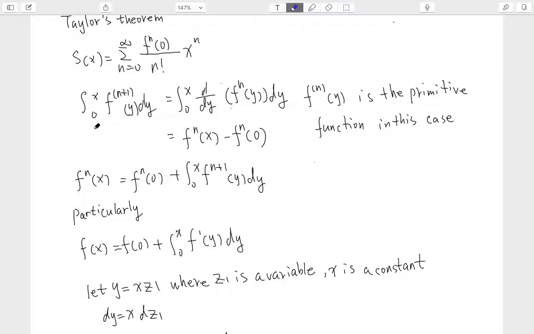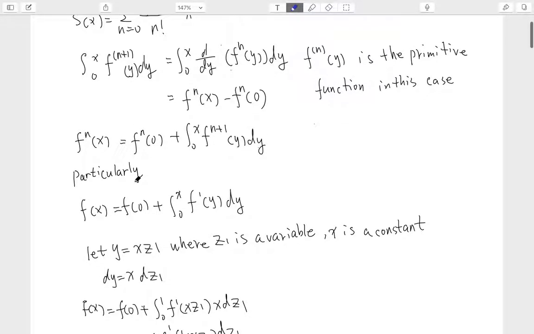The result turns out to be f's nth derivative of x minus f's nth derivative of 0. In this case, f to the n is the primitive function, and to conduct the integral, we can then rearrange the above formula.